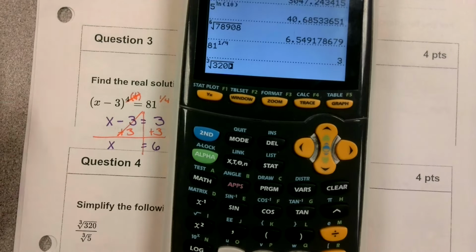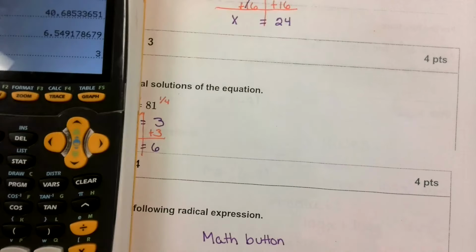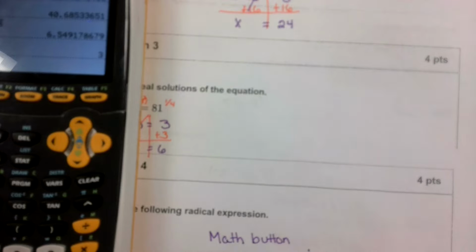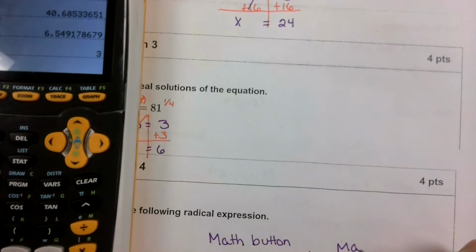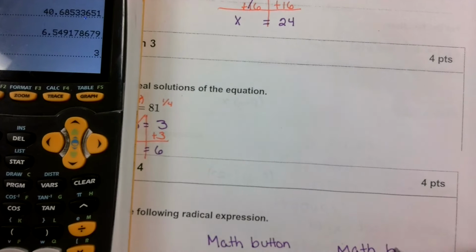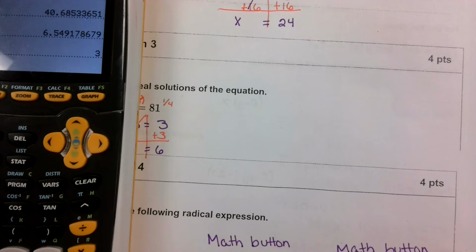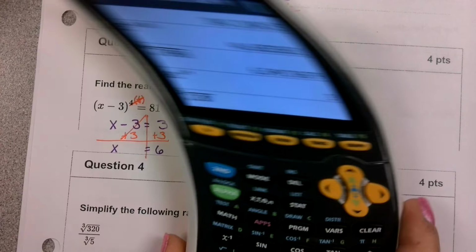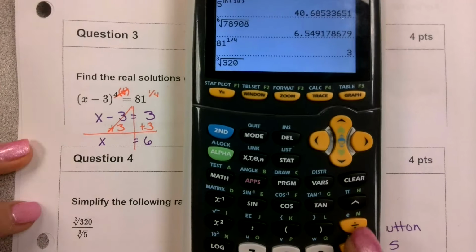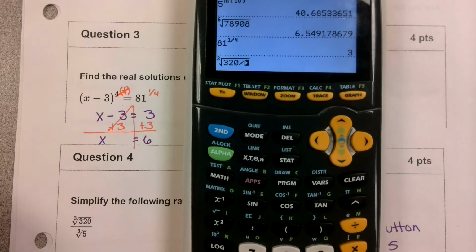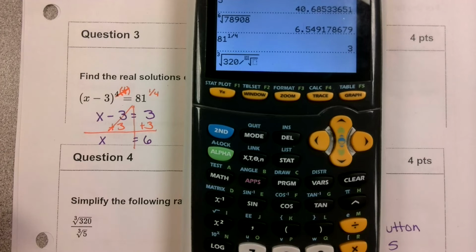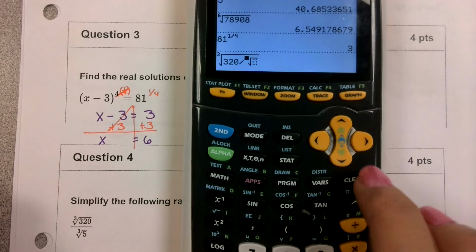And since a fraction is just a fancy schmancy way of doing division, I'm going to divide it by the math button, number 5 as well. I'm going to go divide it by math number 5. Oops, be careful.